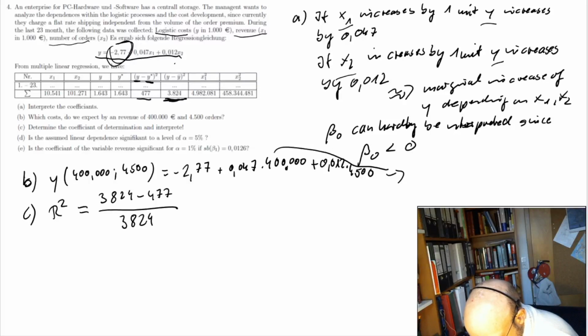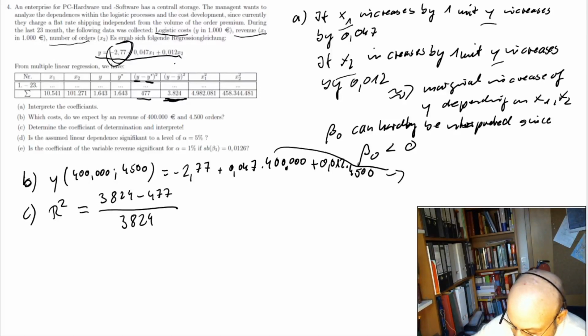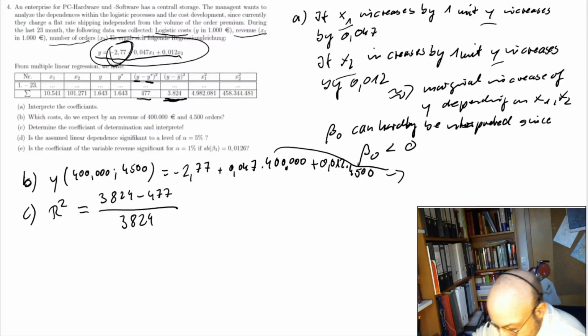And in the end, is the assumed linear dependence, since we have made here a linear regression, significant to a level of 5%?